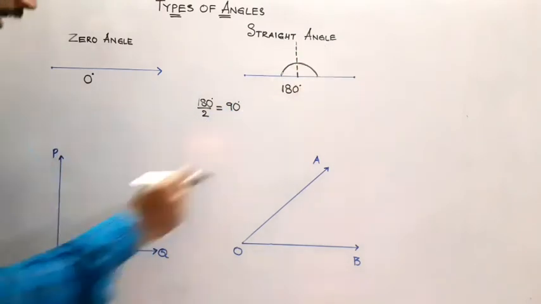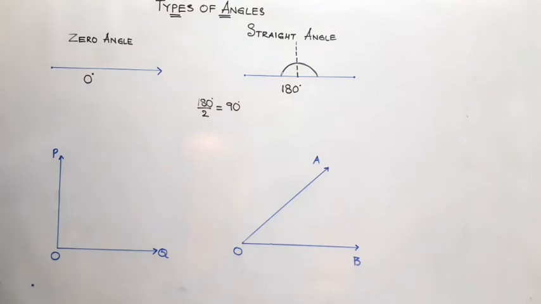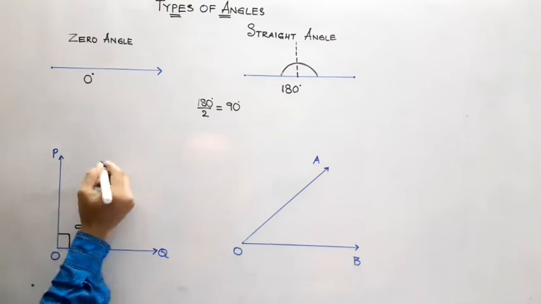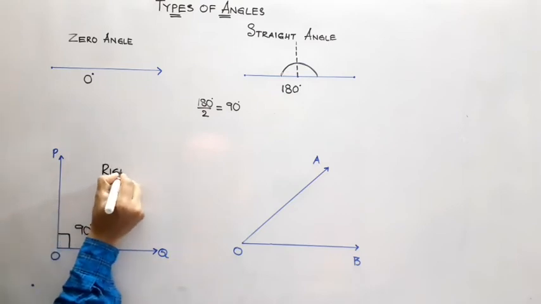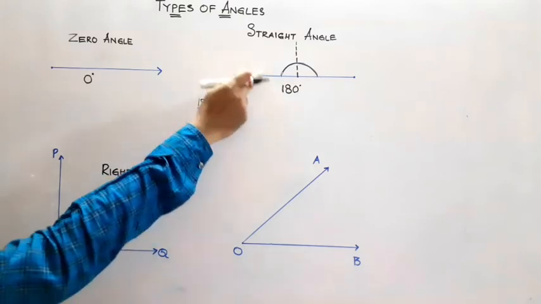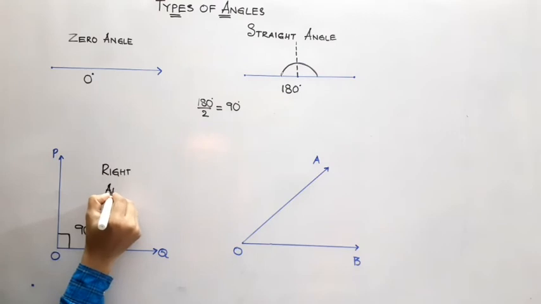So this half and this half are looking alike. Hence, if the angle measure is going to be 90 degrees, such an angle we call right angle. 180 degrees is straight angle, 90 degrees is right angle.